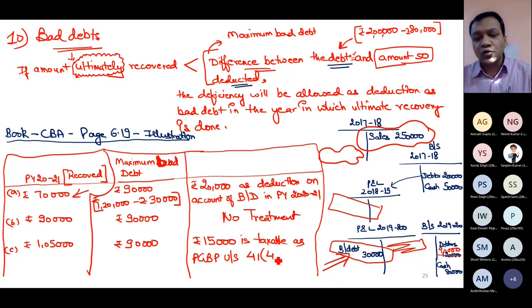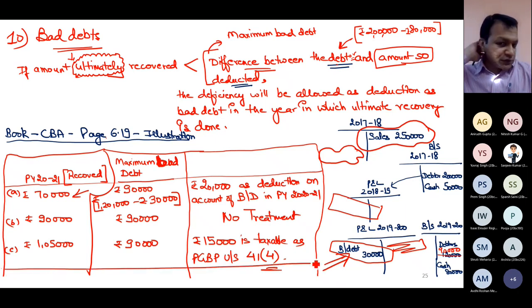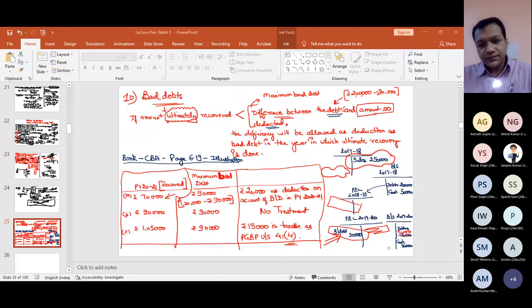It is section 41, clause 4, subsection 4. It is 41(4). That's it. Now, if you see carefully, everything is going on logically in this bad debt provision. Please raise your hand if the point is clear.